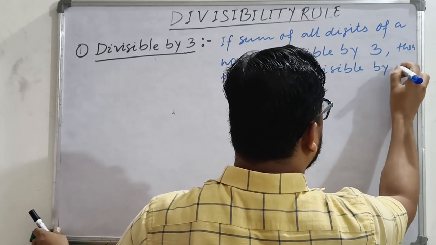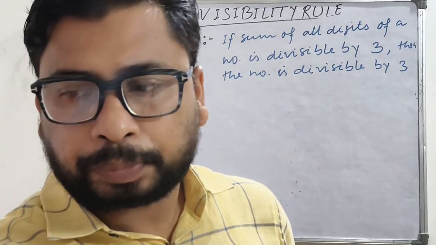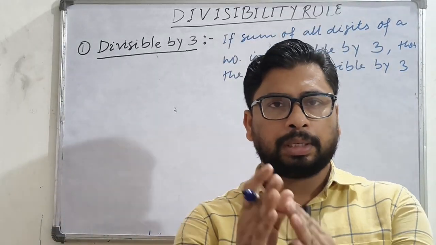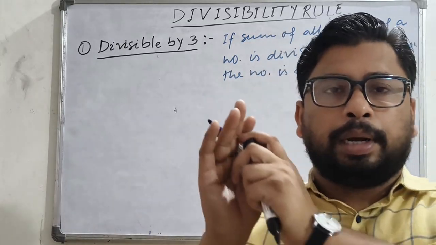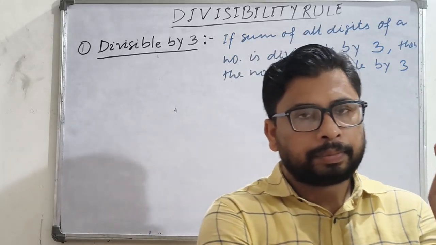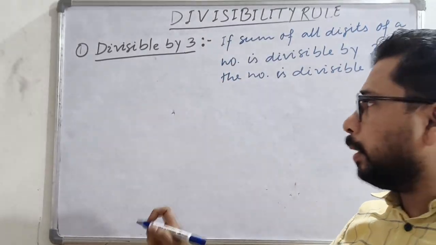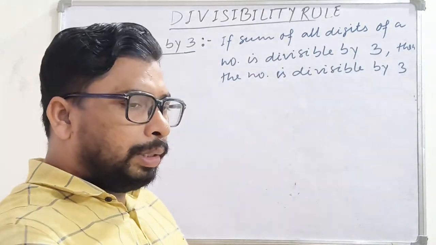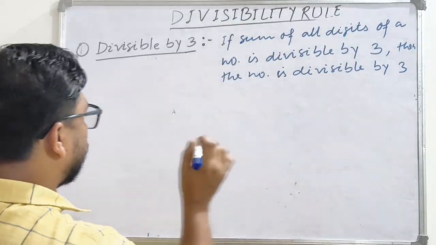Divisible by 3. One thing I want to ask you: what is the difference between numbers and digits, and how many are digits and how many are numbers? Can anyone tell? Digits can be numbers, but numbers cannot be a digit.